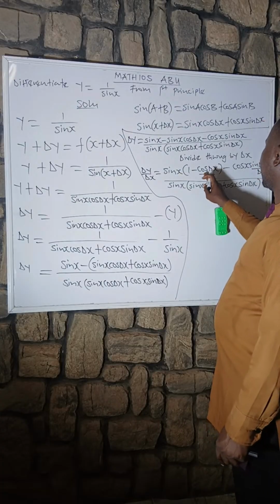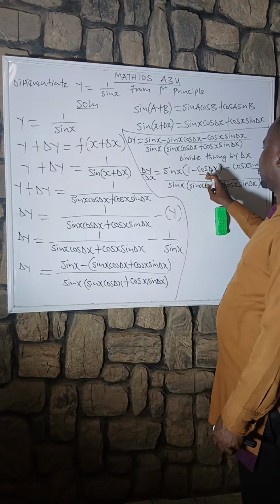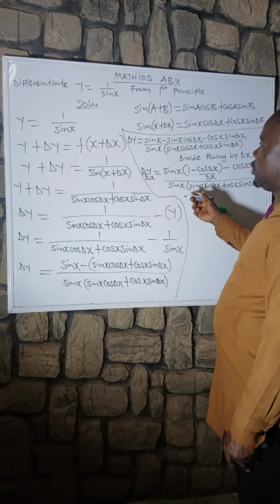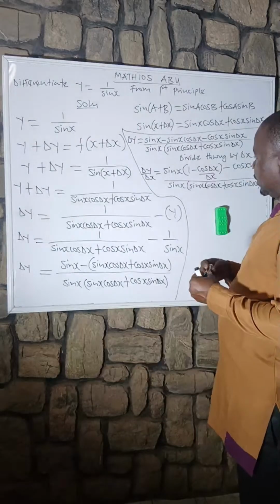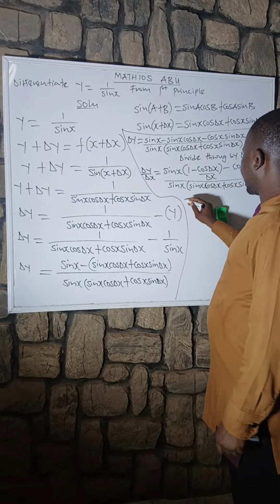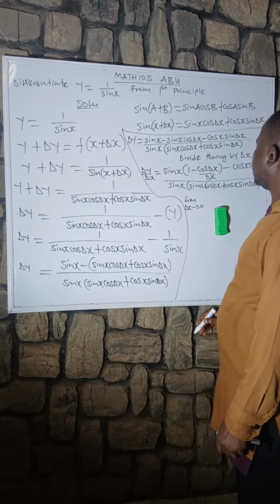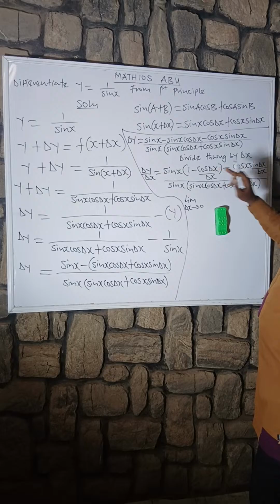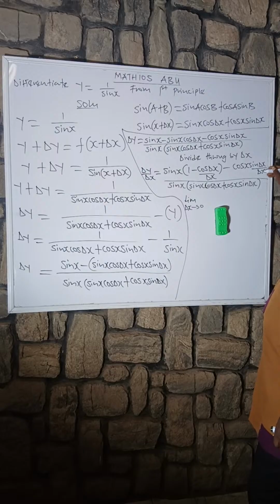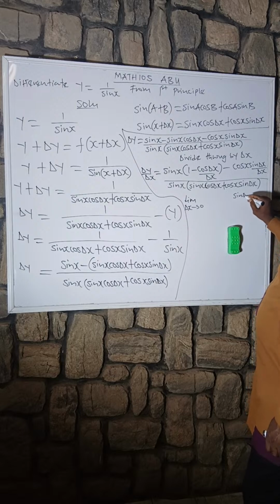So what we need to do here is introduce limits. Is that clear? When we introduce limits, as x tends to 0, here will be 0, then here will be 1, because sine dx over dx is 1.